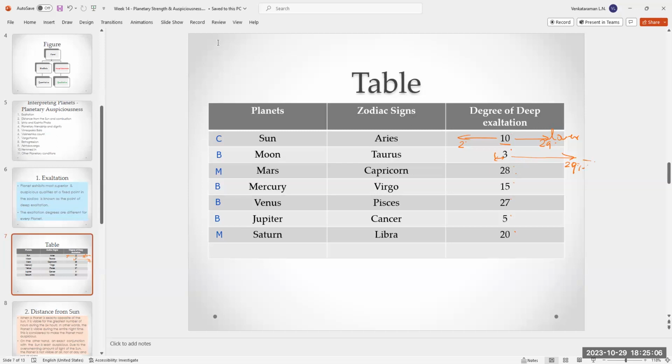For example, for me, the moon is in Taurus, at 15 degrees. So it won't be as strong as it is at 3 degrees. So what you're saying is even 1, 2 will be strong. Yes, the closer it is. Okay, but 2 and 4 will be the same strength. Correct, either way.